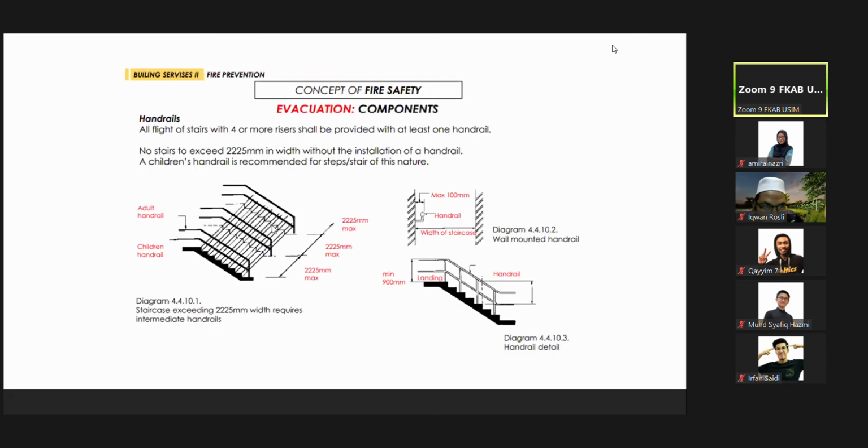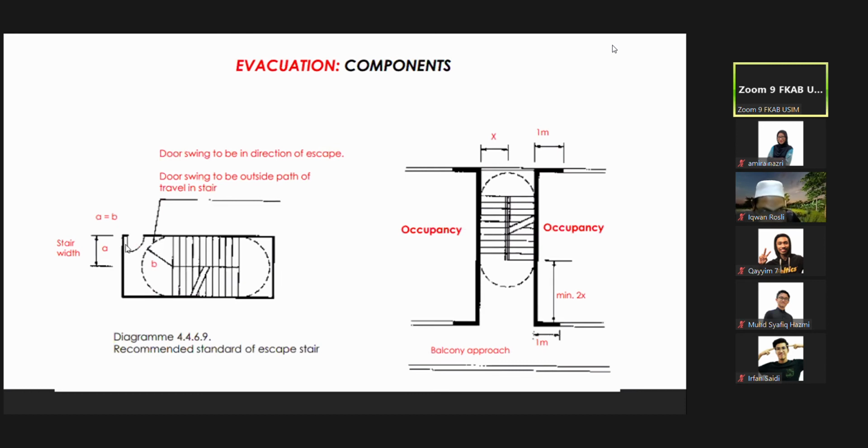Ikhwan, can you help me? What do you understand about this fire staircase drawing?